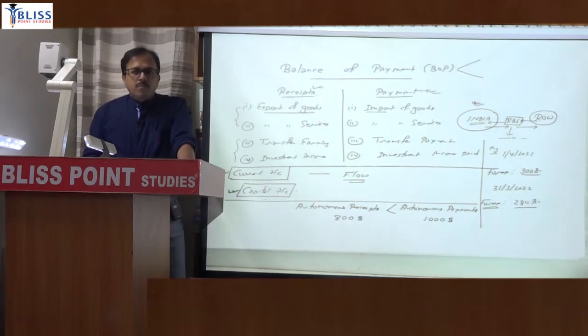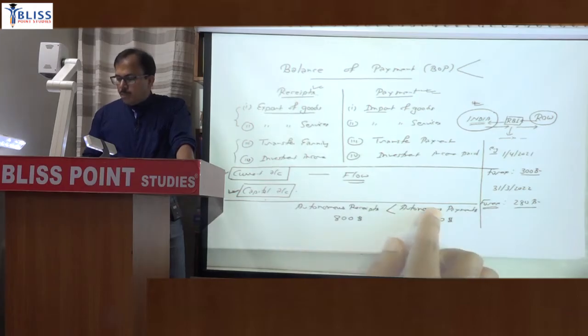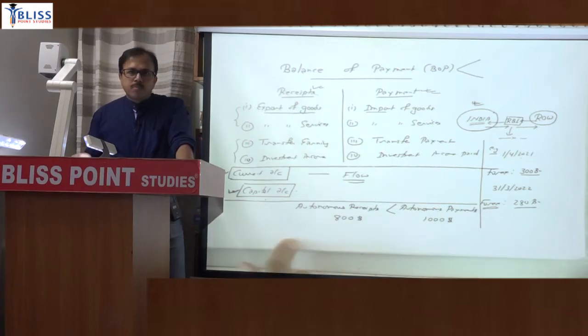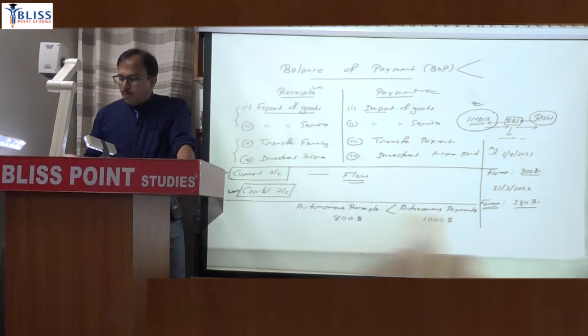For example, external borrowing by central bank to bridge the imbalance between autonomous payment and autonomous receipts.